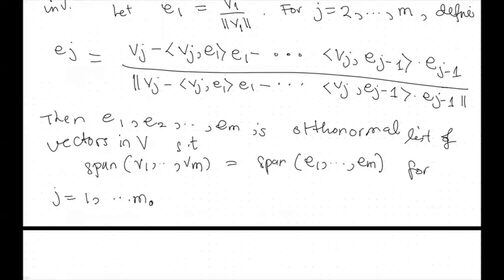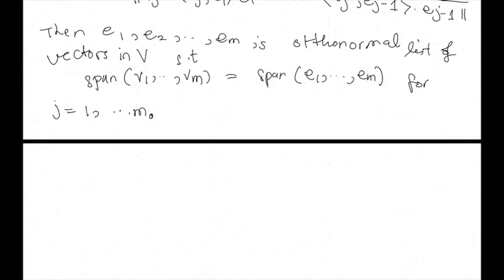Okay, so maybe it's good to look at the proof quickly. I will not write it in full, but I will tell you how it's done. We will use induction on j. For the induction, we start with the base case j equal to 1.